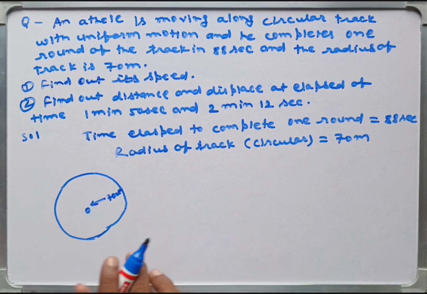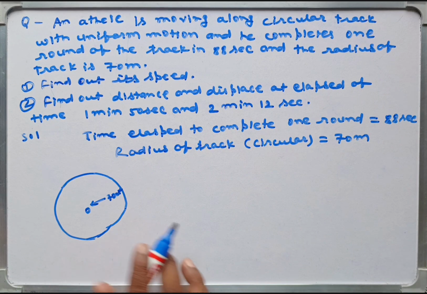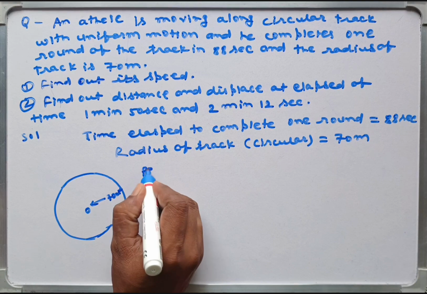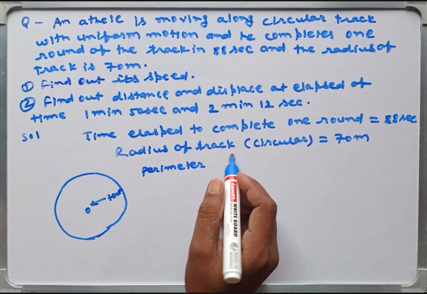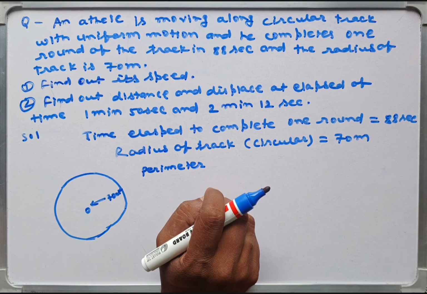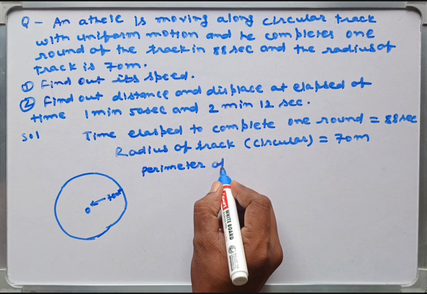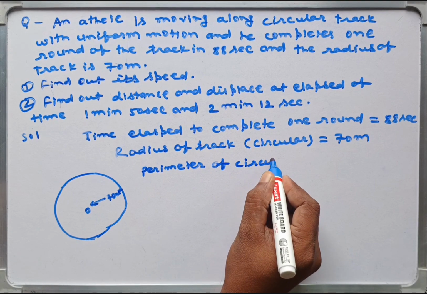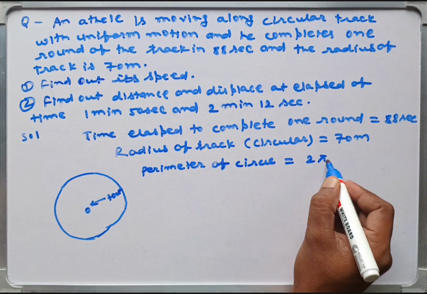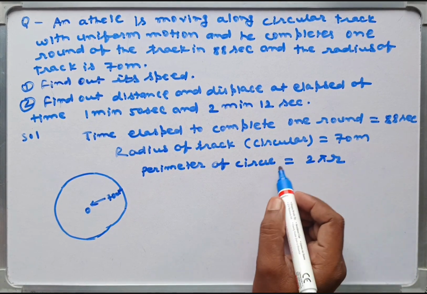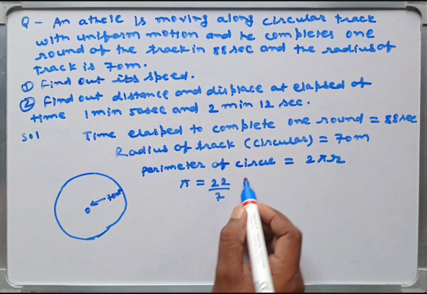Now what do you know about the perimeter of a circle? The perimeter will give you the distance covered by the athlete in one round. So the perimeter of the circle equals 2 pi r. Guys, you know the value of pi is 22/7.